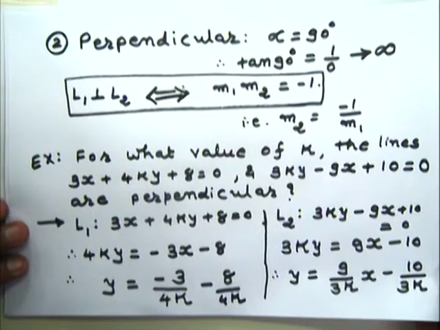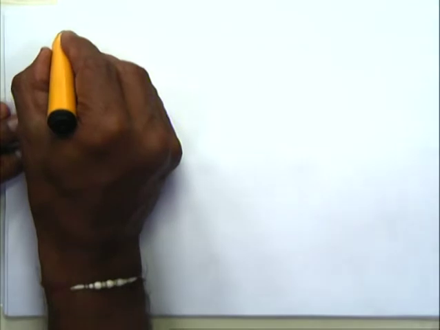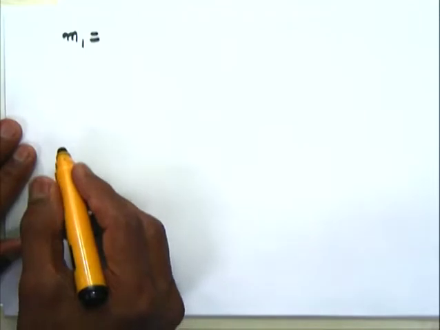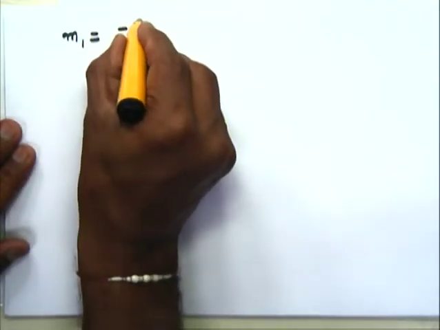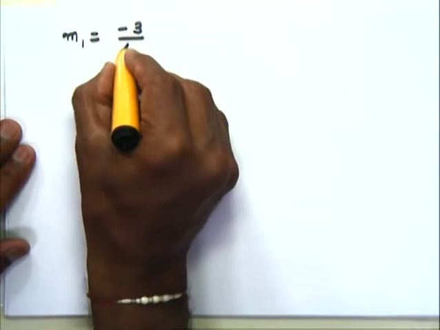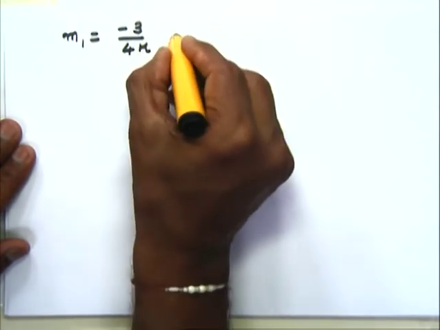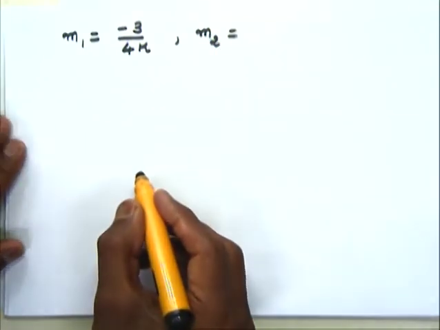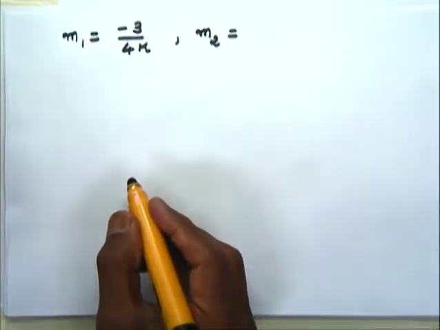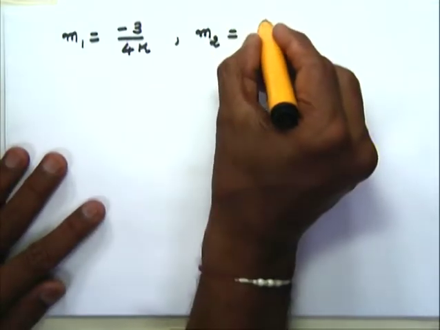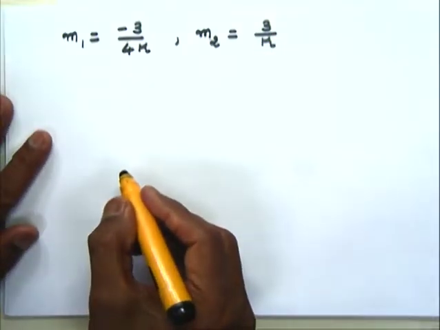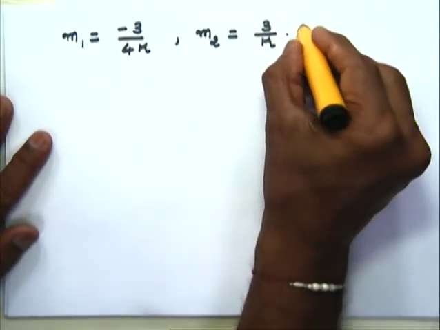On comparison, we will find that the slope of line number 1, that is m1, is found to be minus 3 upon 4k, and that of the second line, as it was 9 upon 3k, results in 3 by k.